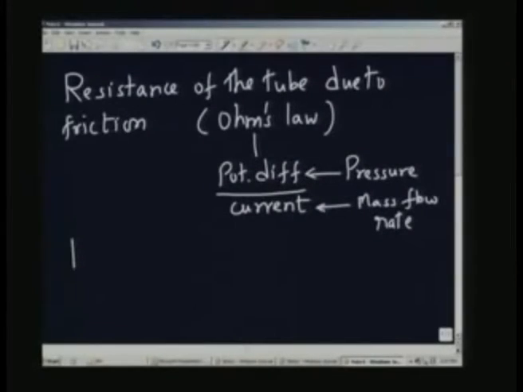The potential difference is the voltage across the conductor from one end to the other end, and that is how you get the Ohm's law. So, I am just drawing the analogy with respect to Ohm's law, and therefore, I will say that resistance R will be minus delta P f by m dot. This minus is to take care of the fact that the pressure is actually decreasing in the direction of mass flow rate. So, I want the resistance to be a positive quantity, therefore, I will say minus delta P f by m dot.